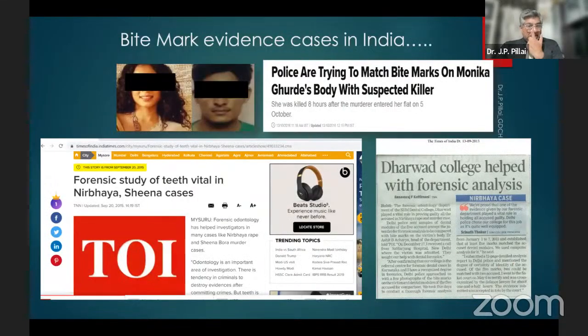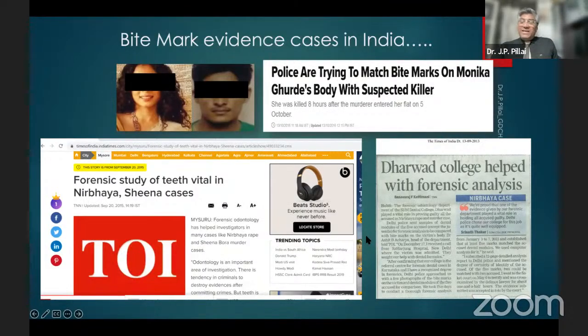These are the evidences, some of the cases in India which have been investigated. One was a very well-known case in Goa. In Monica's case, there was a bite mark on her body which was created by her own servant.